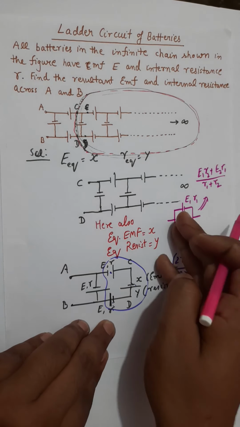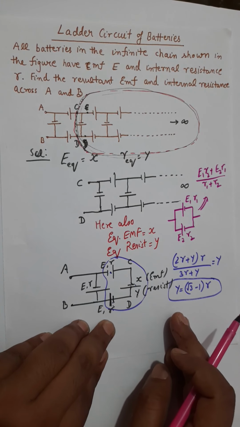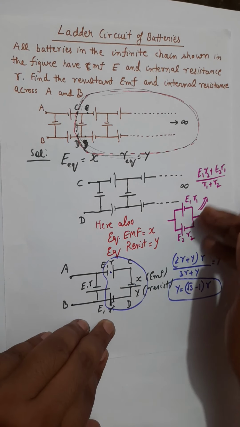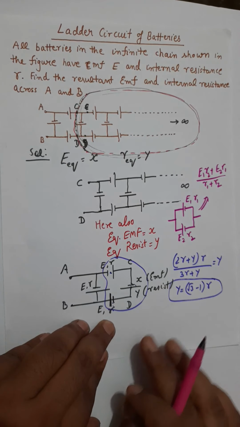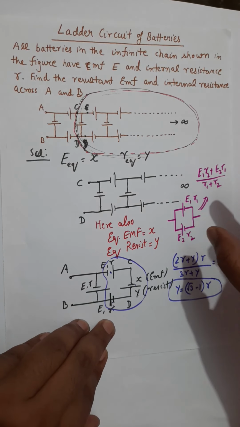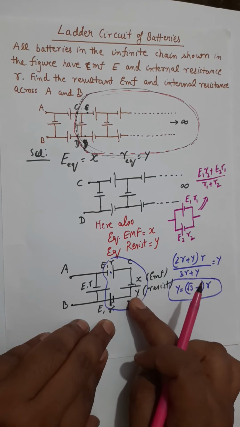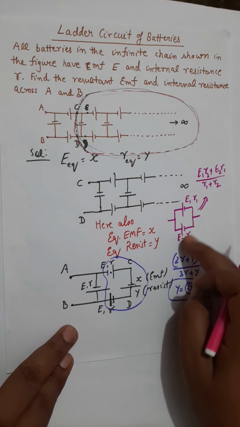So I will use this result here, and if you are unaware of this result, you should first try to derive it, and then only apply it, or you can directly use the result in this question. And this is for two batteries.